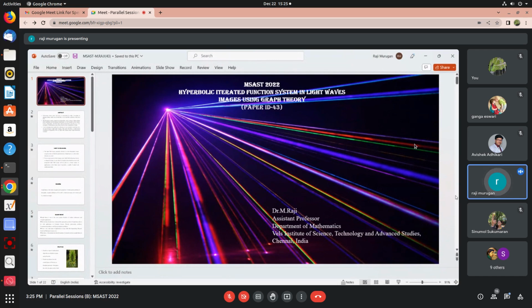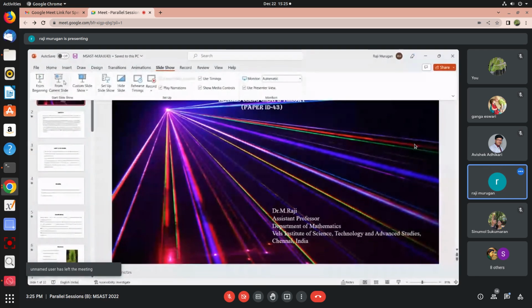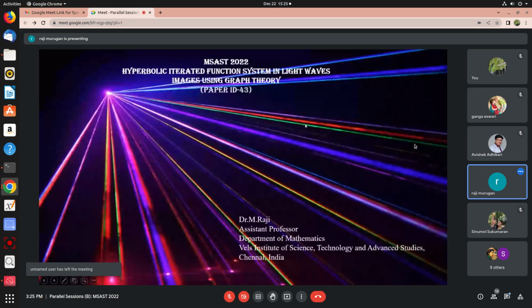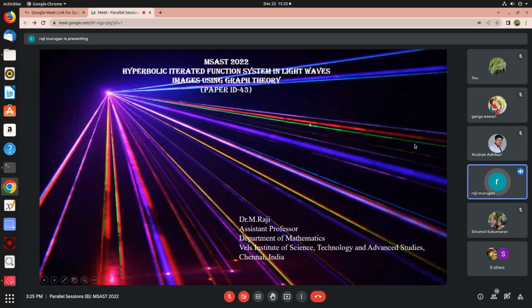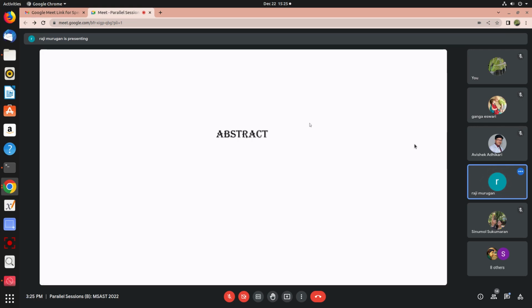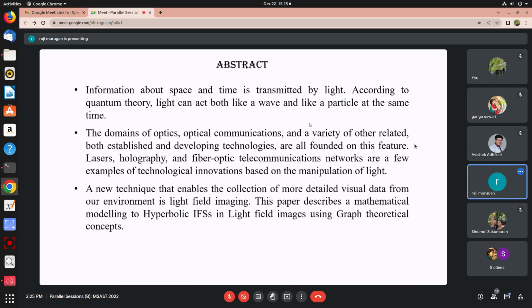Today my title is Hyperbolic Iterated Function System in Light Waves Images using Graph Theory. Abstract. Information about space and time is transmitted by light. According to quantum theory, light can act both like a wave and like a particle at the same time.